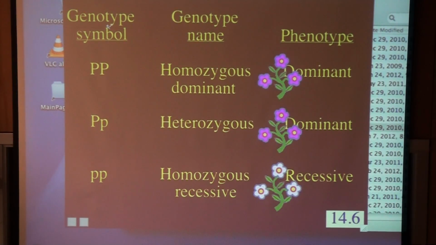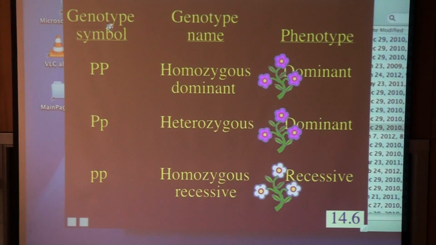The second point here is that notice you have the same dominant phenotype no matter whether you have two of the dominant allele or just one of the dominant allele. At first that seems a little weird. You might say, if this allele is making purple pigment, if it's an enzyme for making purple pigments, and there's only one of it, why isn't this a lighter shade of purple?